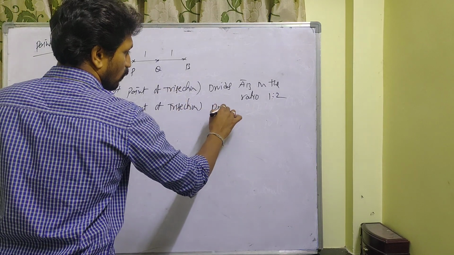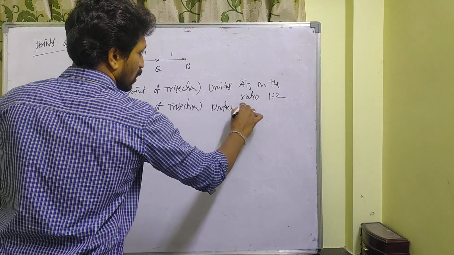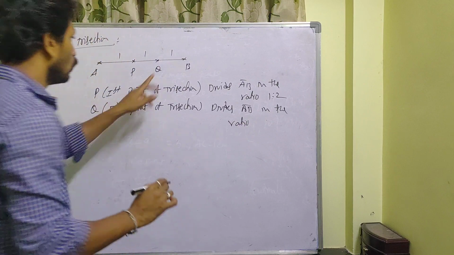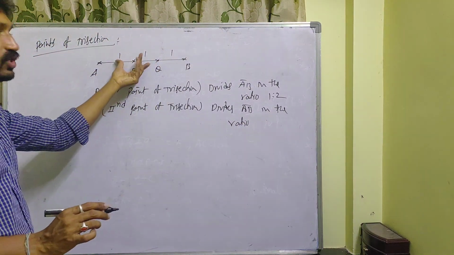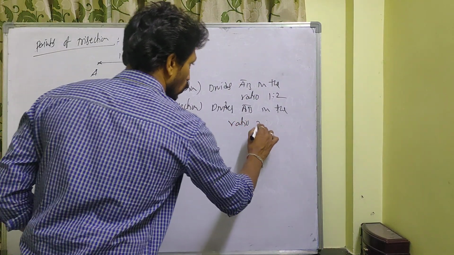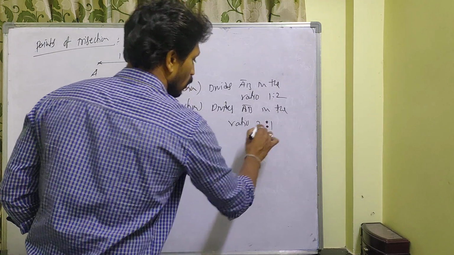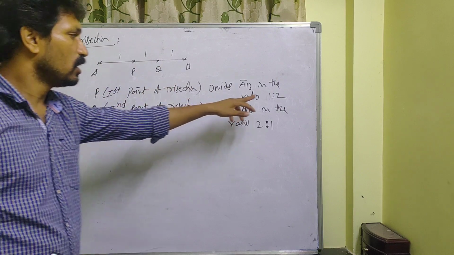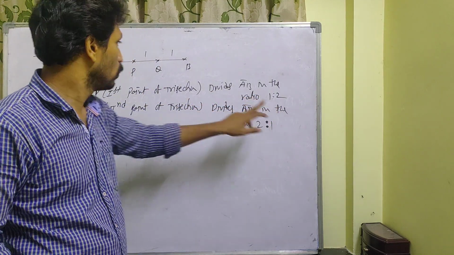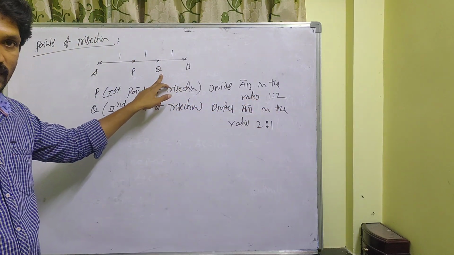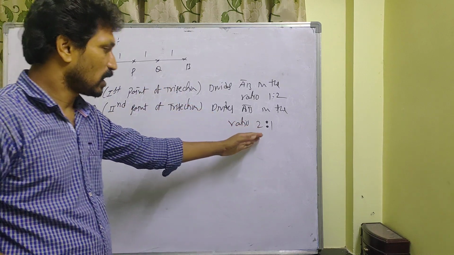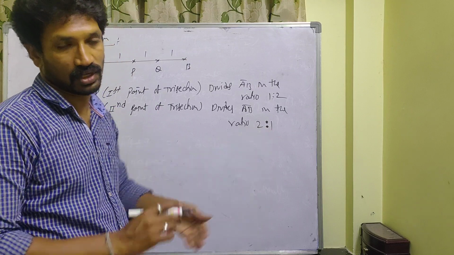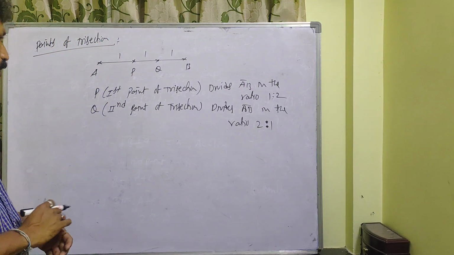Q divides the same AB in the ratio 2 parts and 1 part, that is 2:1. If you want to find the first point of trisection, apply the section formula with m:n equal to 1:2. If you want to find the second point of trisection, apply the section formula with m:n equal to 2:1. You know very well how to do it.